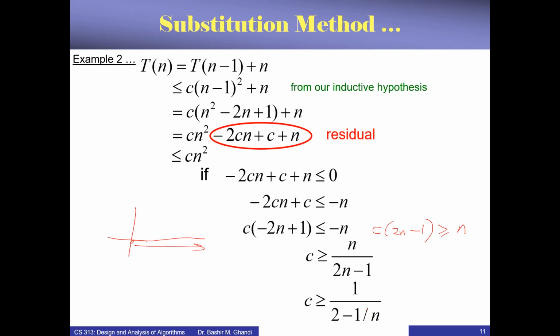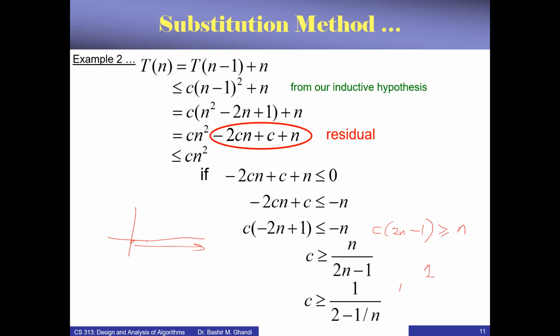So suppose it is 1. If you take n to be 1, we will have 2 minus 1 which is 1, and 1 over 1 is 1, which is positive. And actually that's the biggest value you can have, because now if you take 2 as the value of n, then this is going to be half. And 2 minus half is 1.5.